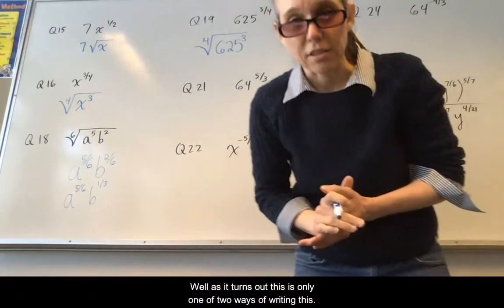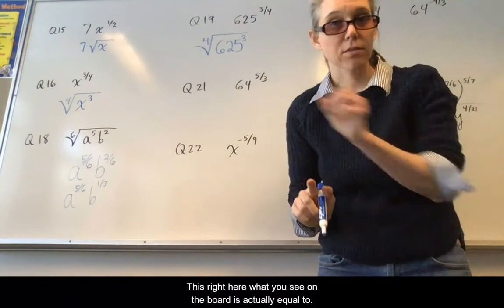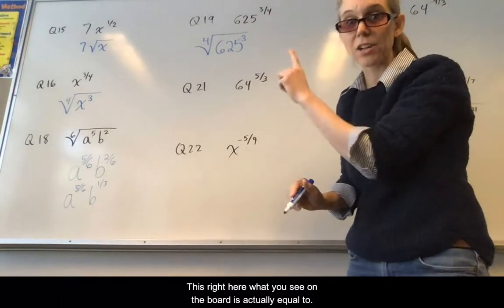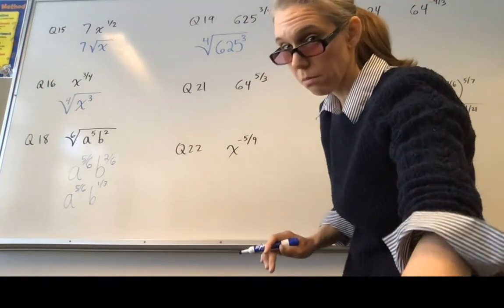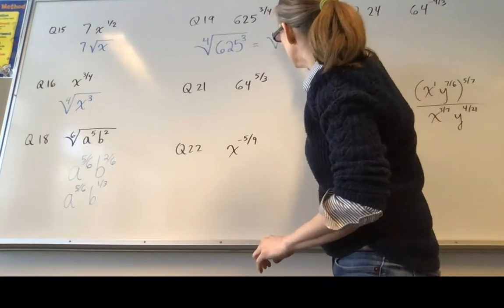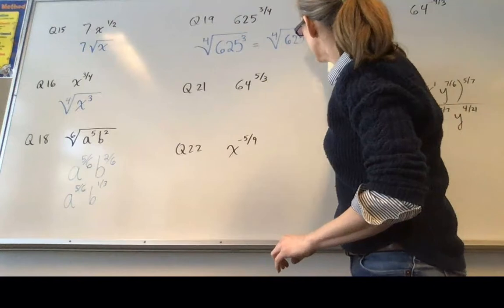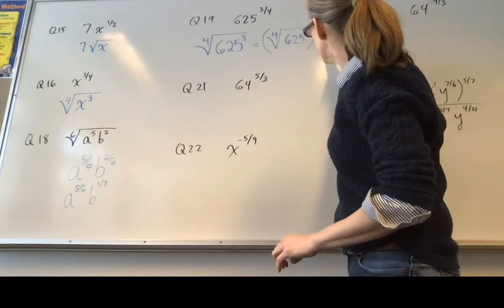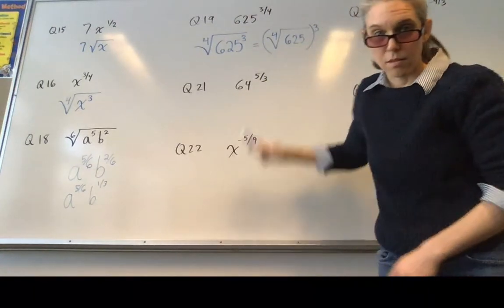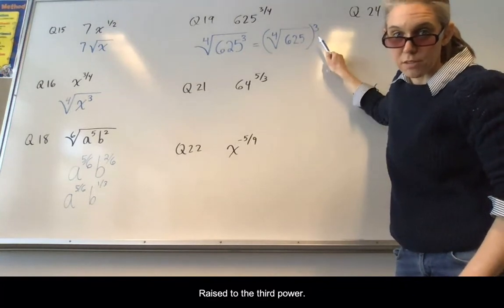Well, as it turns out, this is only one of 2 ways of writing this. This right here, what you see on the board, is actually equal to, wait for it, the 4th root of 625 raised to the 3rd power.